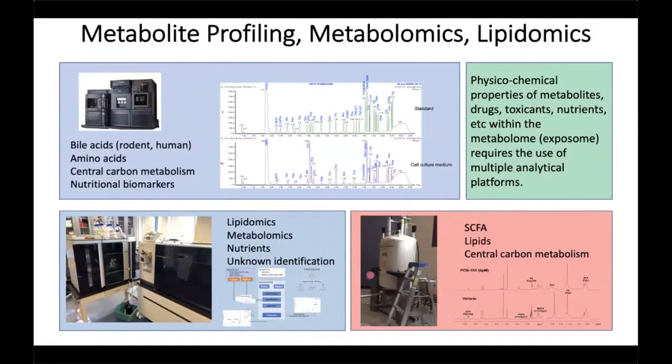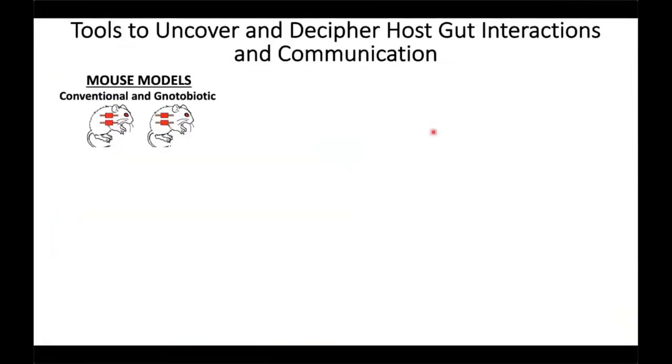We also do a lot of work with NMR, which allows us to profile not a huge number of metabolites, but we can do it in a rather quantitative way. And ultimately, I know this is probably well understood within this group, but we need to have all these platforms because of the varied physical chemical properties of metabolites that we're trying to measure. It's just not possible to use one platform to measure all of these currently.